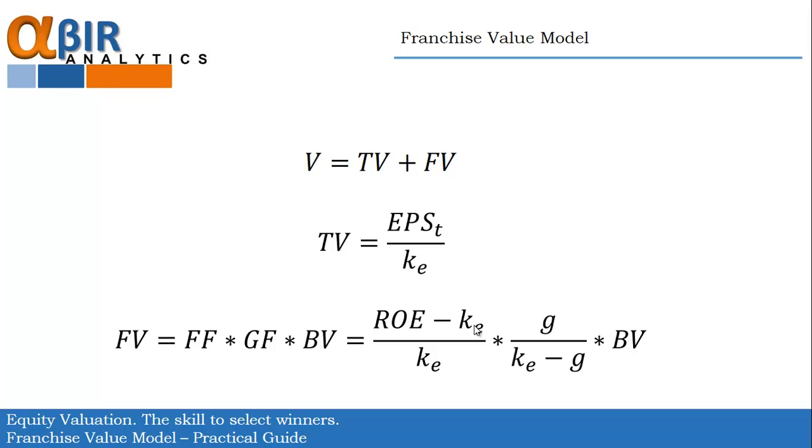Combining these two factors, we multiply them by the book value, which is the capital that the company has, and we arrive at the premium or discount to the base value that's embedded.